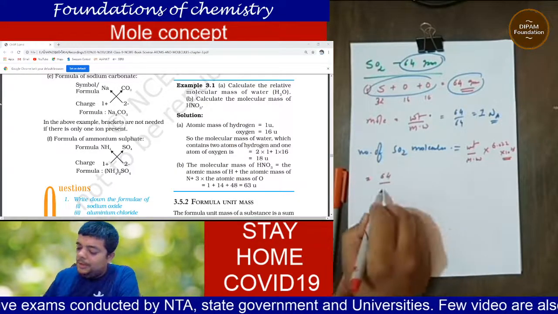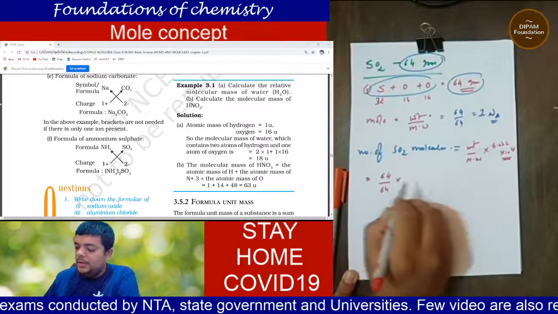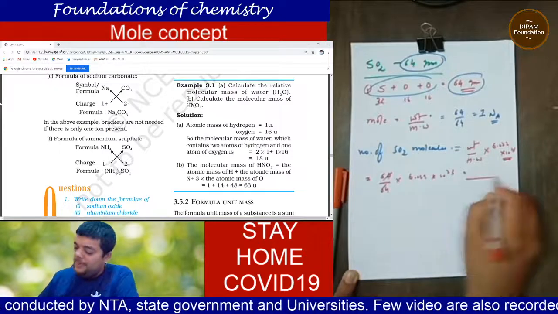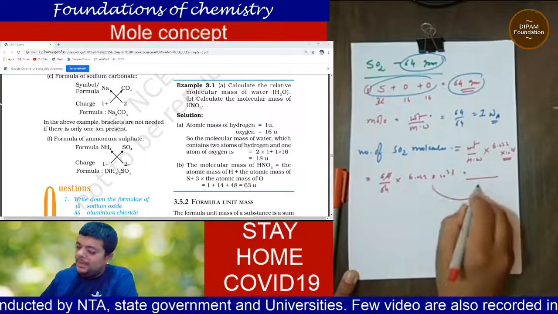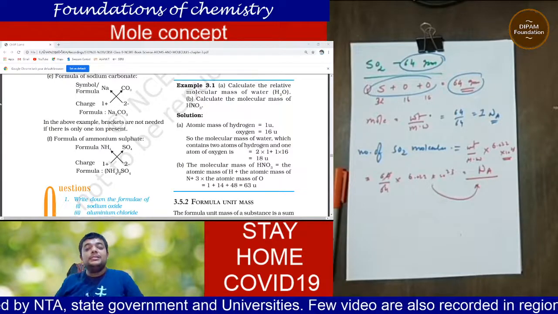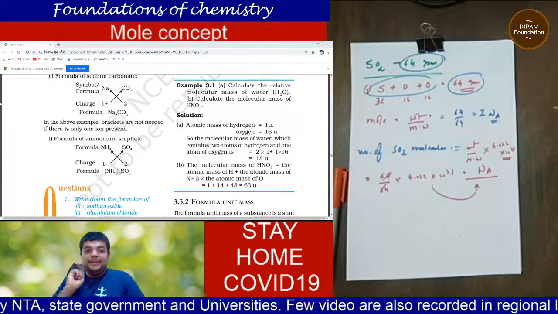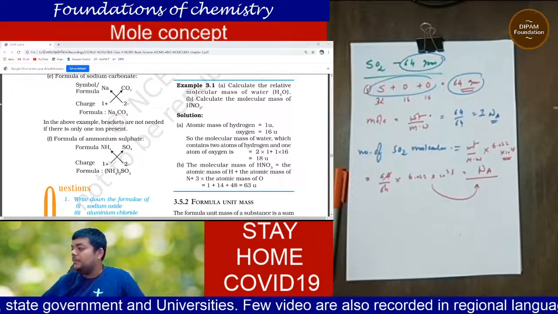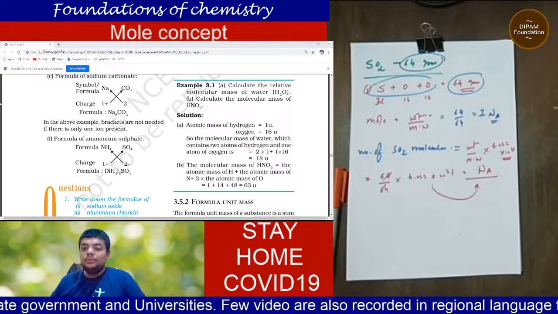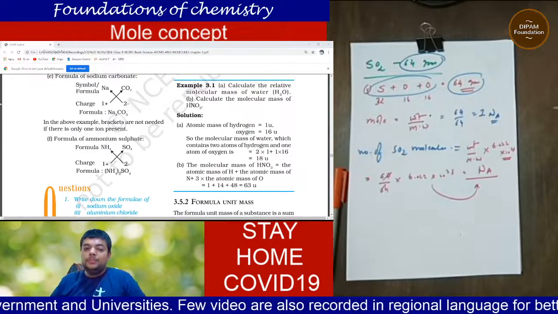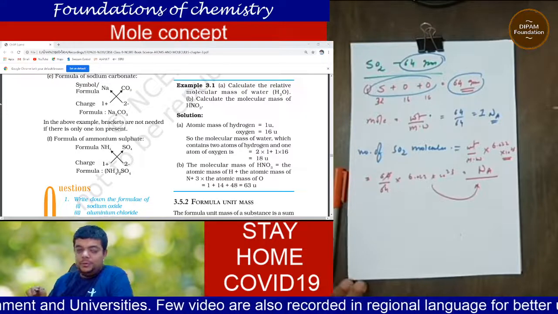You are given a molecular weight 64, and multiply by 6.022 into 10 to the power 23. I will end up with this number, and this number can also be represented by Na. So I will say that in 64 gram of SO2 there are 6.022 into 10 to the power 23 SO2 molecules.